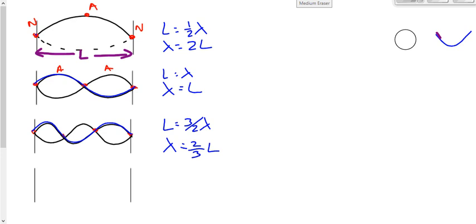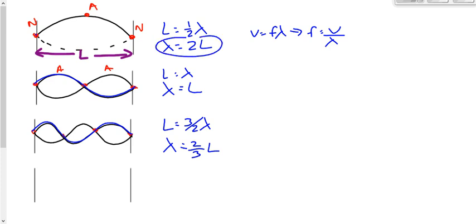So, draw your diagram. Get L in terms of lambda, and then rearrange to solve for lambda. Then use the wave equation. Remember the wave equation? V is equal to F times lambda. Rearrange that to solve for F. F is equal to V over lambda. Now let's sub in lambda.